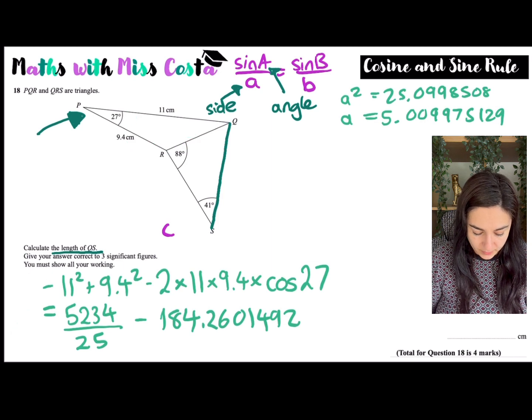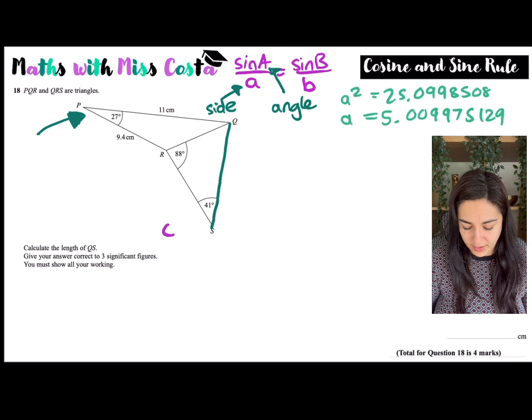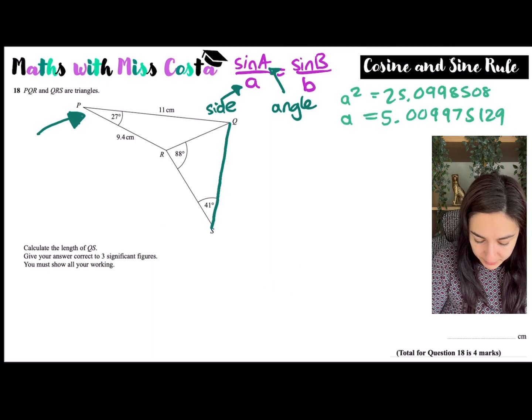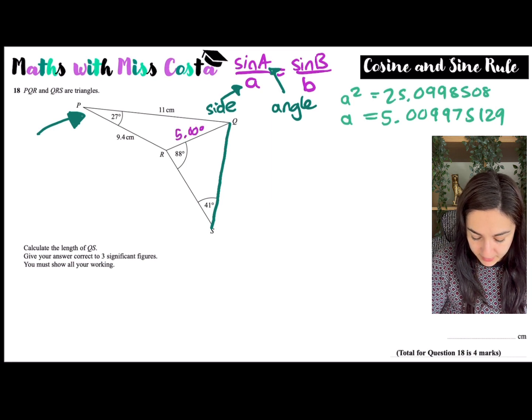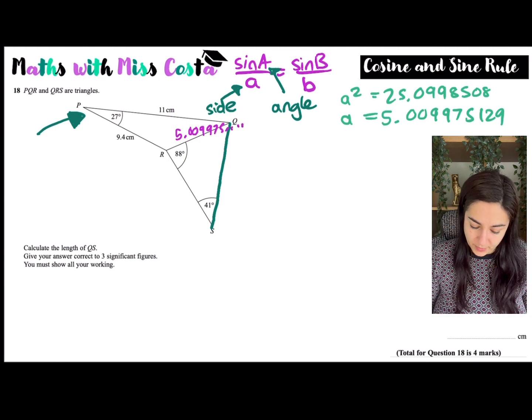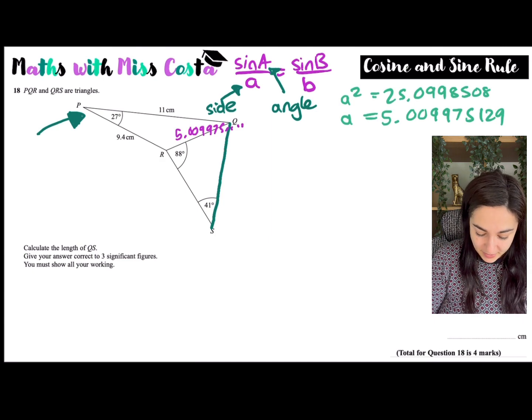Okay, so let's get rid of all of this here. And I would encourage you to probably work in pencil so that you can rearrange your triangle in terms of what you label it, but it's up to you. So I know that this is going to be 5.009975, so forth. Okay, and I haven't been given any sides apart from this side, but I am trying to work out this side here. Now, let's label this triangle.